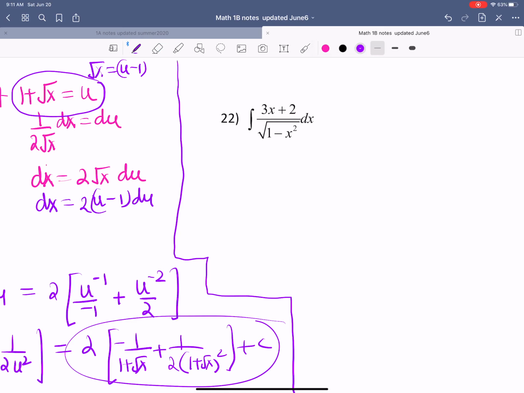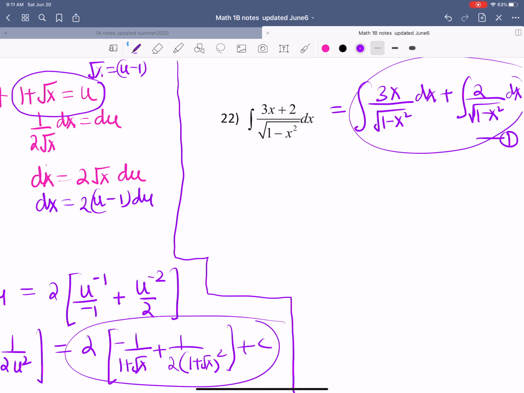So separate the fractions. This turns out to be 3x over square root of 1 minus x squared dx plus 2 over square root of 1 minus x squared dx. I'm going to call this equation 1 because I will be tackling the two integrals separately. So first of all, 3x over square root of 1 minus x squared dx.